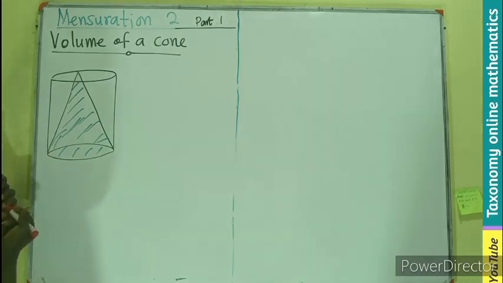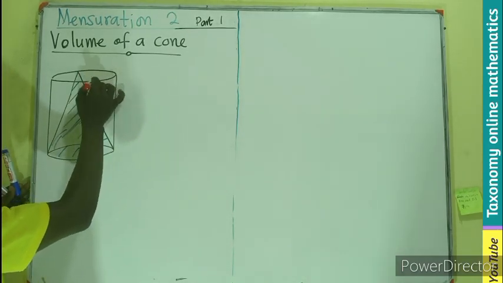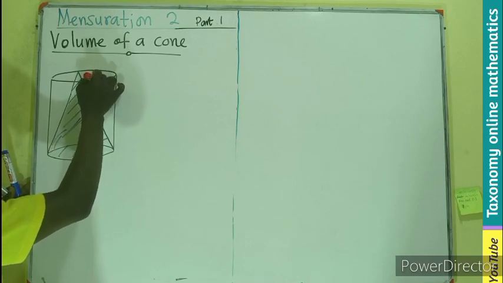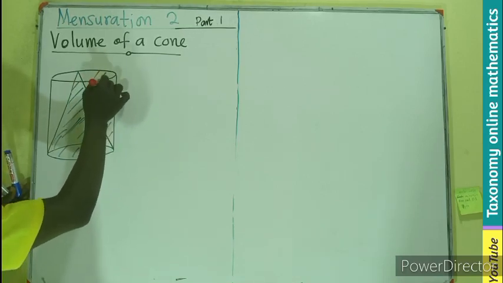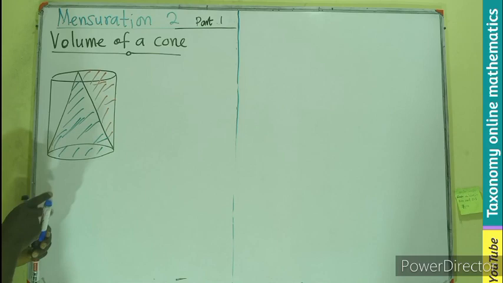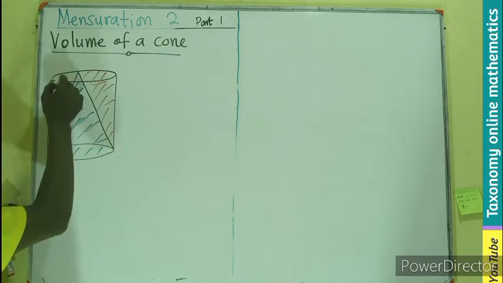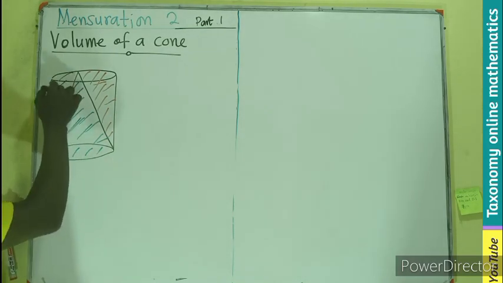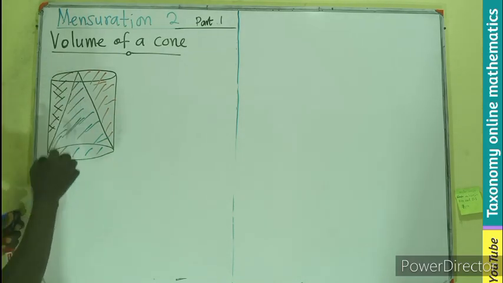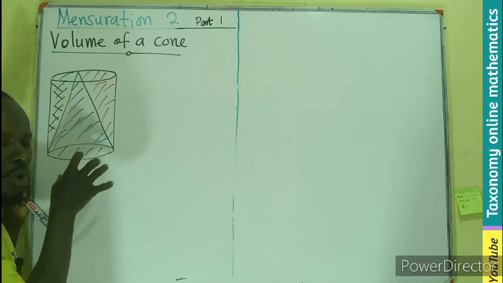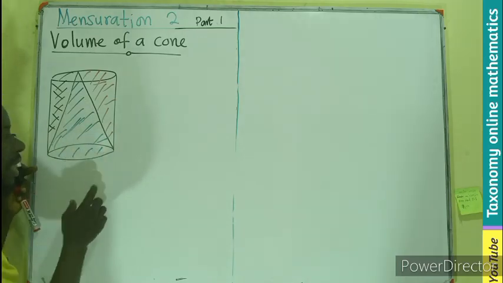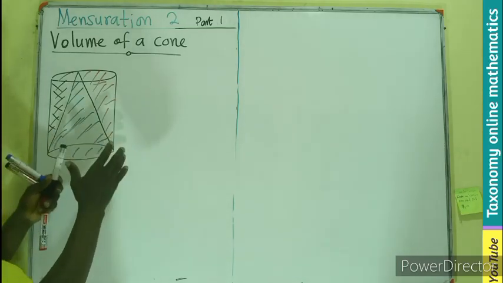If you check also well, this area is also going to form another cone. Then finally, this place will also be a cone. If well drawn, you'll be seeing 3 different cones fit into this cylinder. As long as they have the same diameter, they will be able to fit into it 3 times.